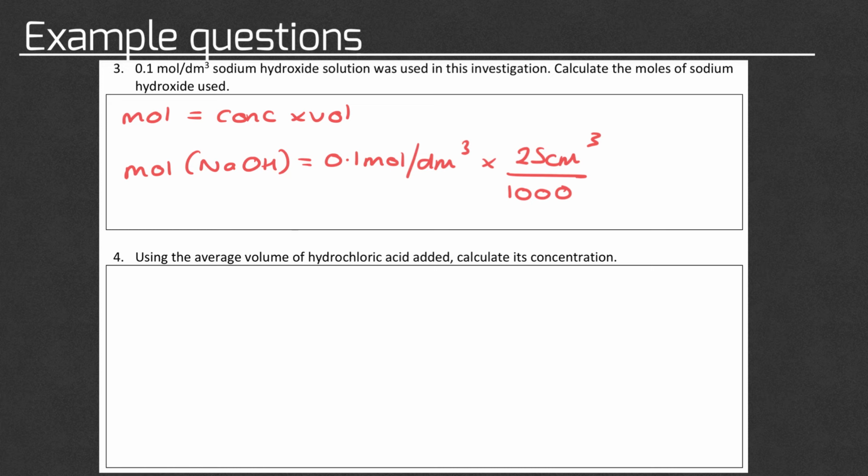We used 25 centimetres cubed of sodium hydroxide in the method, and we would divide it by 1000 to convert the units from centimetres cubed to decimetres cubed. This would give us an answer of 0.0025 moles.